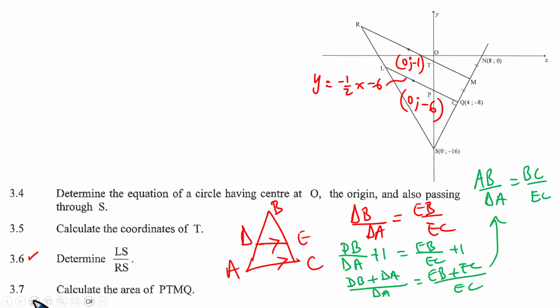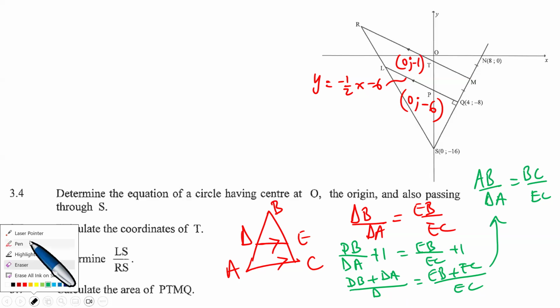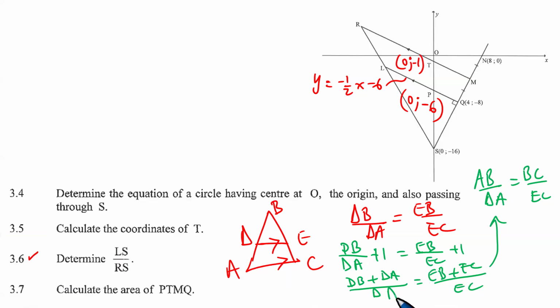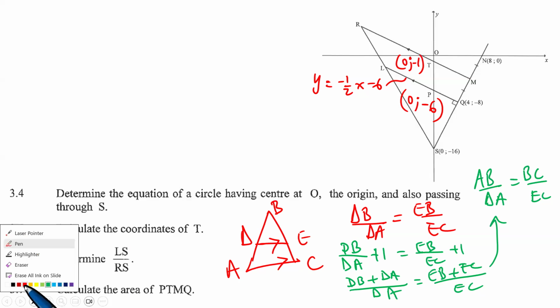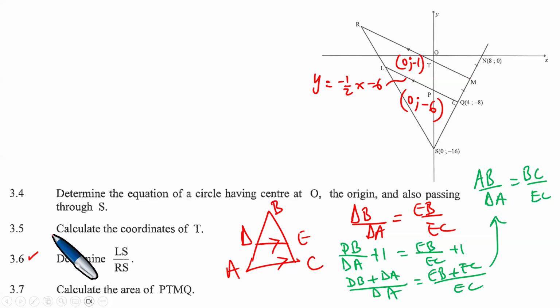So this is what we have. We continue. So now to find this ratio, we can just say AB over dA equals BC over EC.